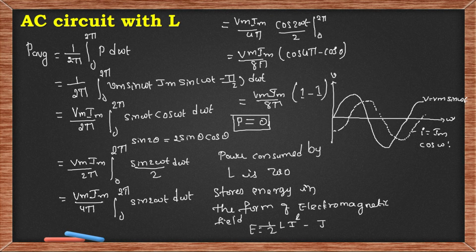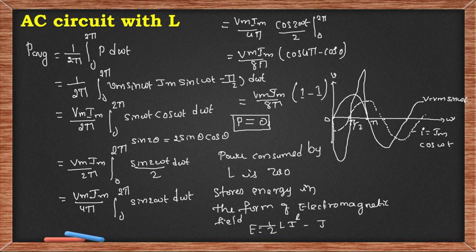Between 0 to pi by 2, the voltage is positive and the current is negative, so the power lobe we get there is like this. Between pi by 2 and pi, both are positive, therefore the power lobe is this.